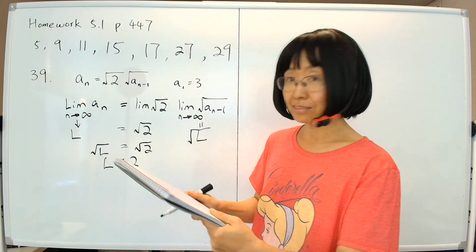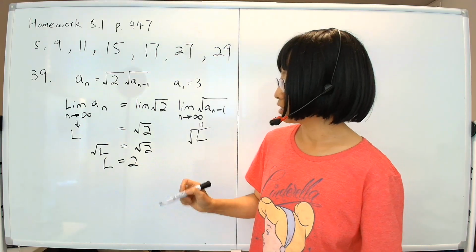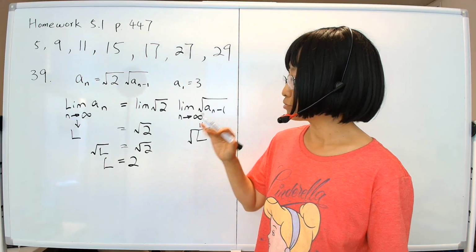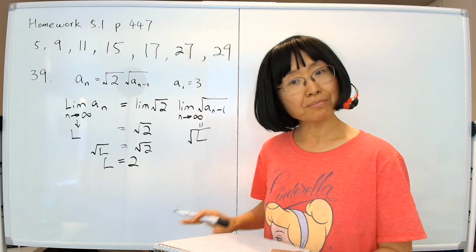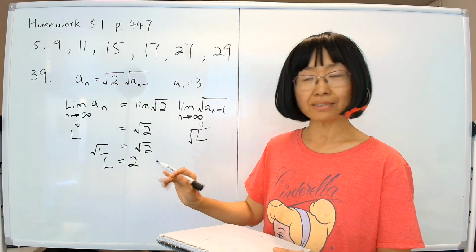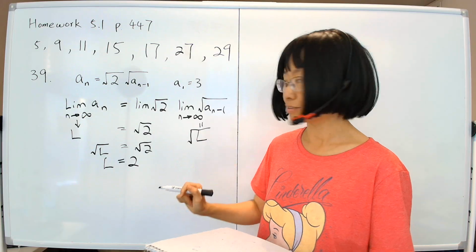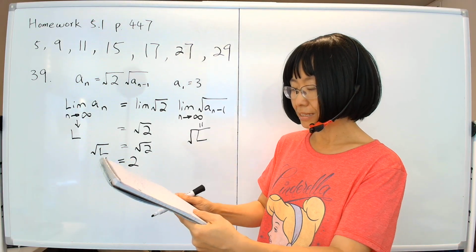And now let's make sure that it does exist. To prove that the limit exists, we'll use the monotone convergence theorem, which states that first we'll prove that the sequence is decreasing, and then we'll prove that the sequence is bounded. A decreasing bounded sequence converges to some limit. So first, let's say that it's bounded.